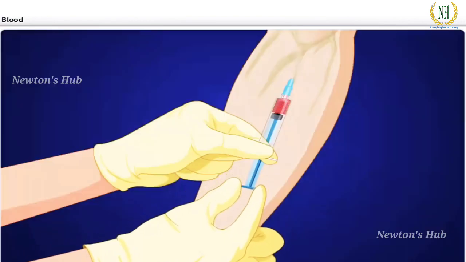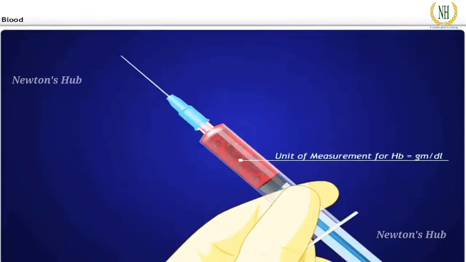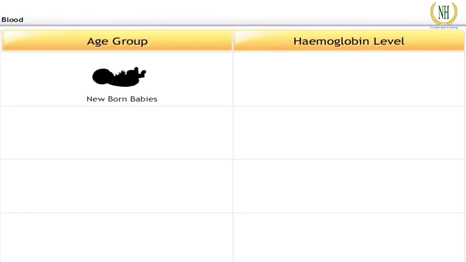The unit of measurement for hemoglobin is gram per deciliter of whole blood. In newborn babies, 17 to 22 gram per deciliter of hemoglobin is present.